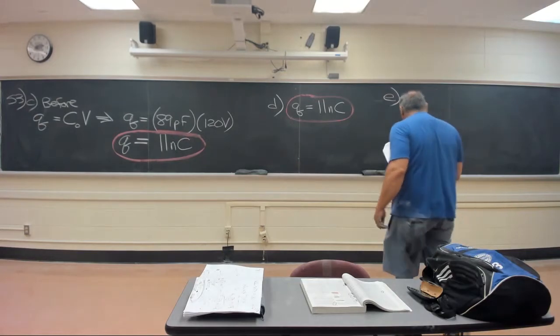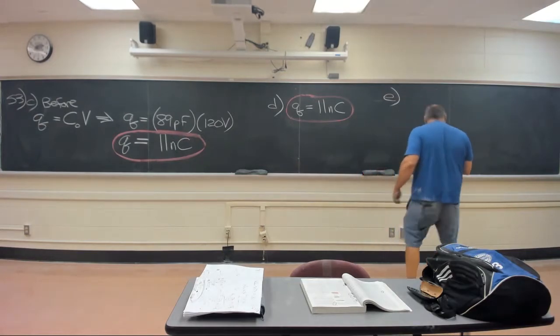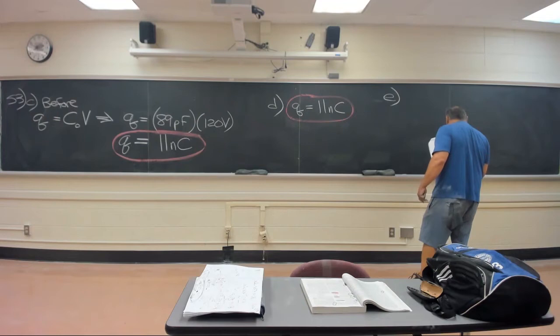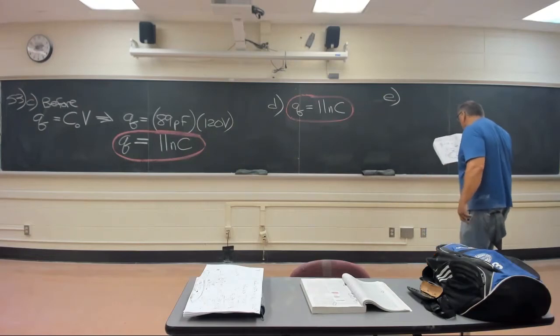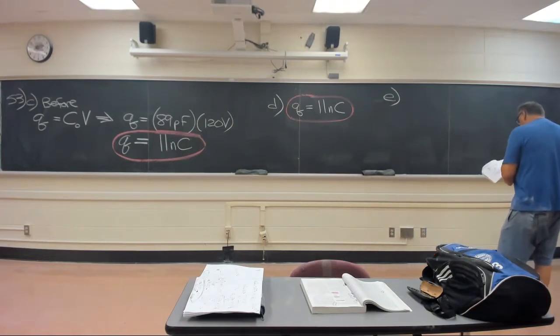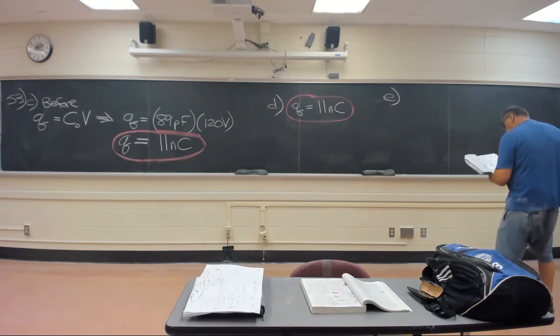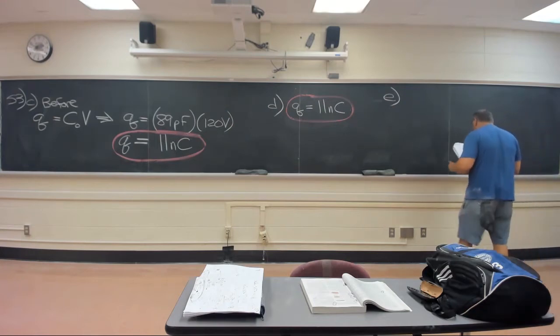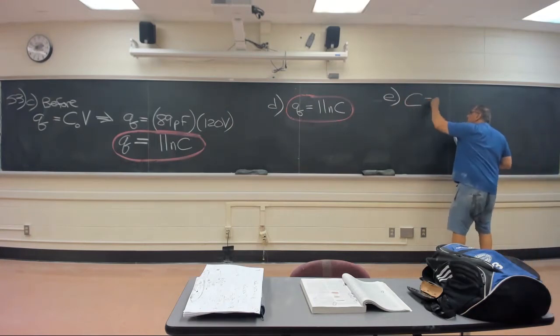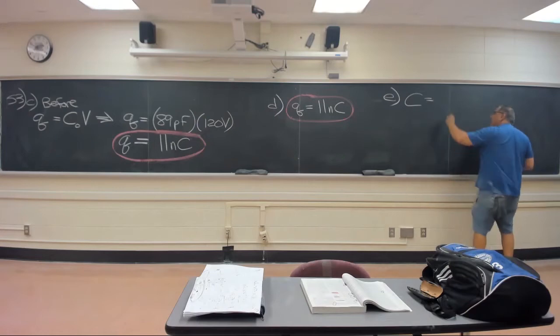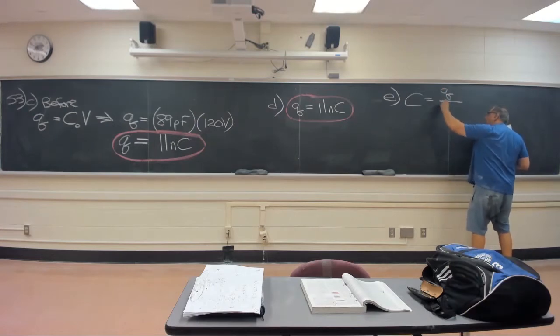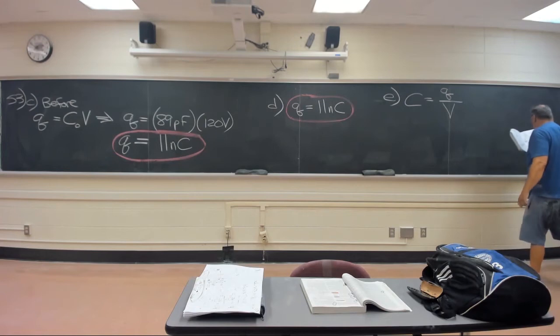I used an X here, but I think the X is a little bit different. Let's see exactly. So we're saying that C is Q over delta V, or Q over V. We know that much.